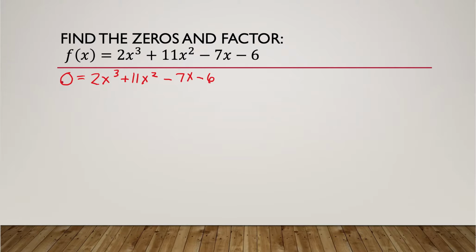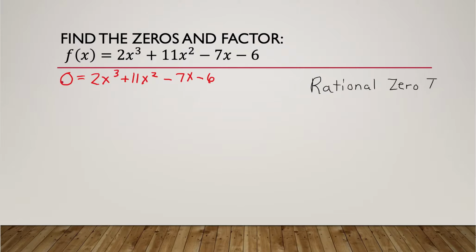So they're going to give me this theorem that we're going to talk about in this section. The theorem is called the rational zero theorem. Okay, and we're not going to write the theorem down. We're just going to work with the theorem on this example that we have right here.